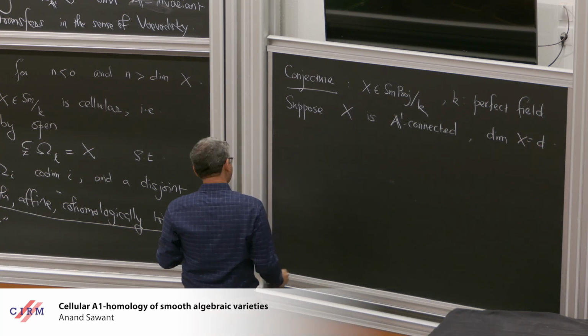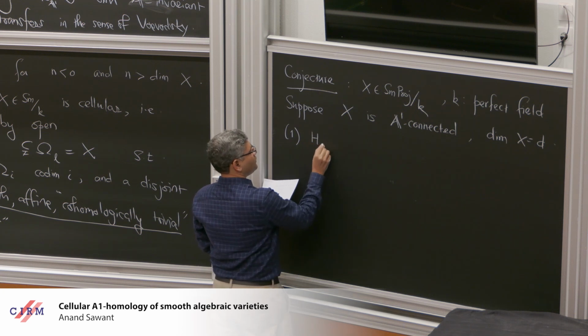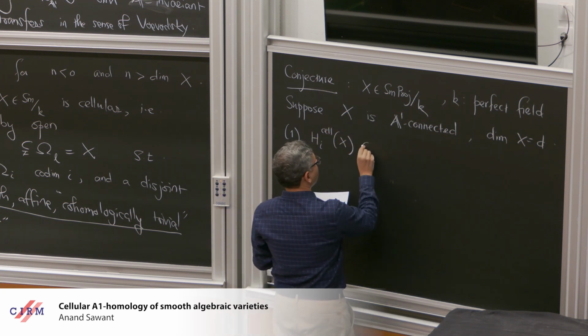Okay, so then the first one is that if you look at the cellular A1-homology sheaves, these are all pro-constant.